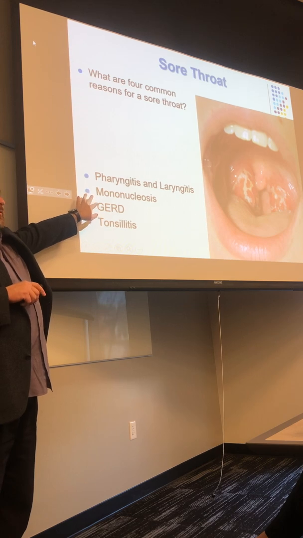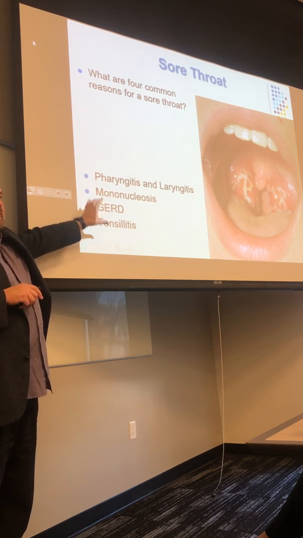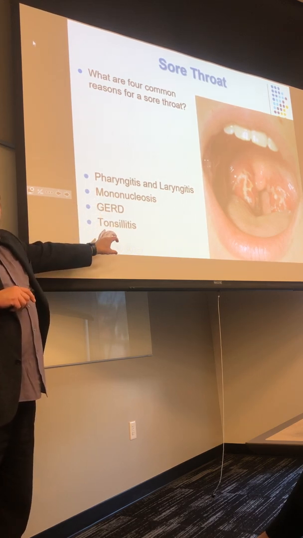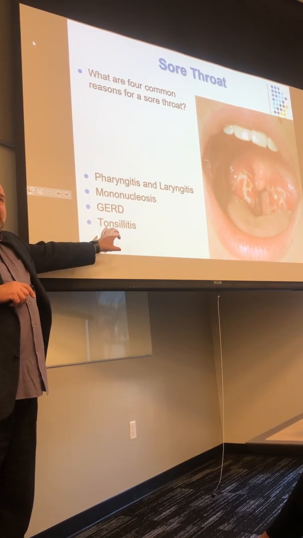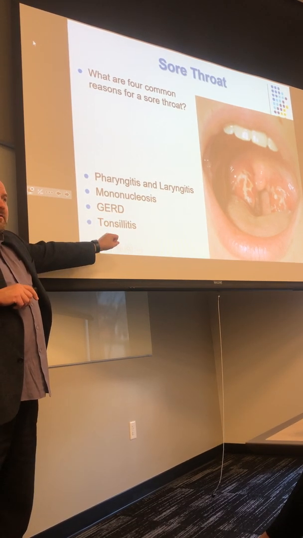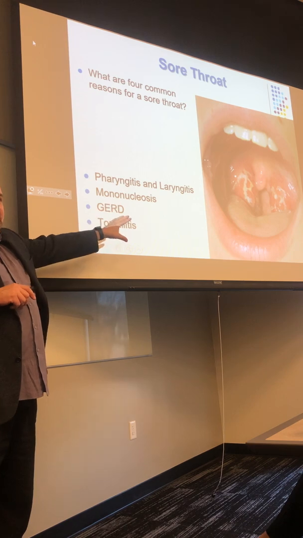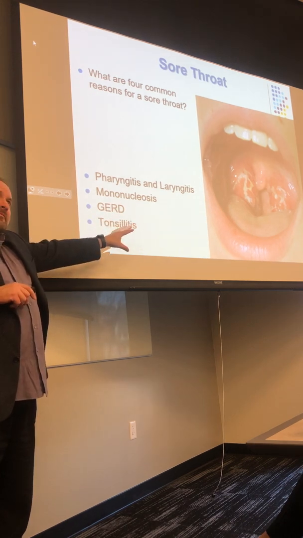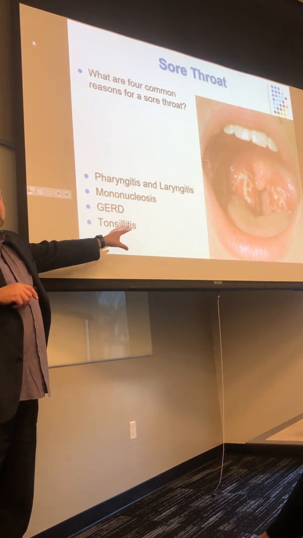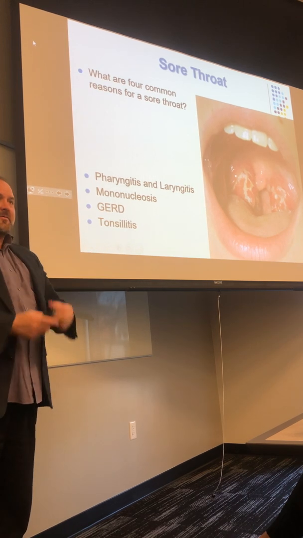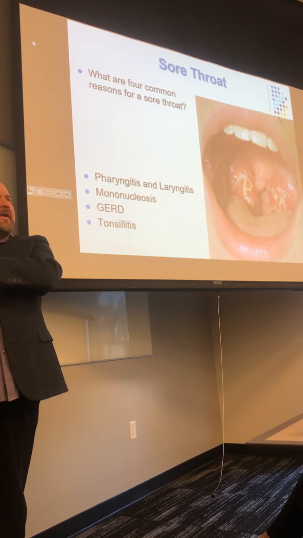However, I'm going to pretend I didn't say that for this class for testing purposes. It's actually not uncommon at all for somebody with mono to have white patches on their tonsils. But we do have to figure out ways to test you guys, right? So sometimes we have to back off a little bit of reality.